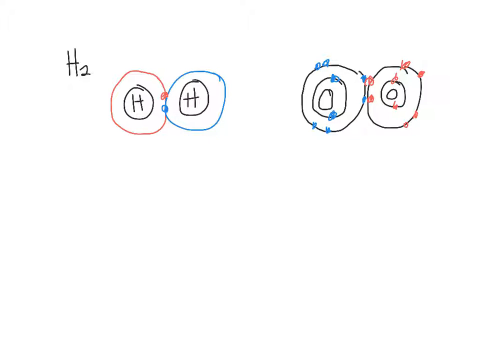So you have 4 electrons in the same region of space, so it gets a little crowded. So there you go, there's the 4.